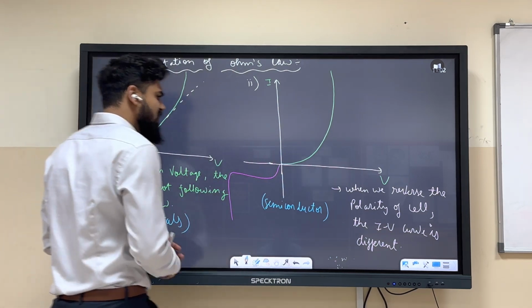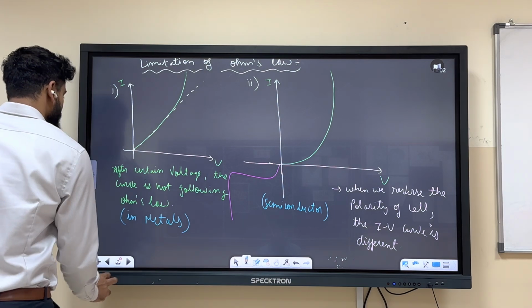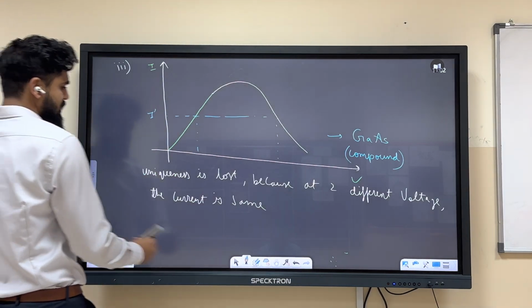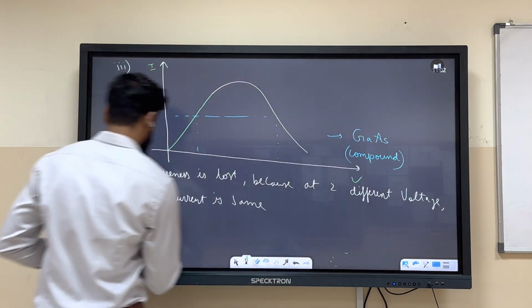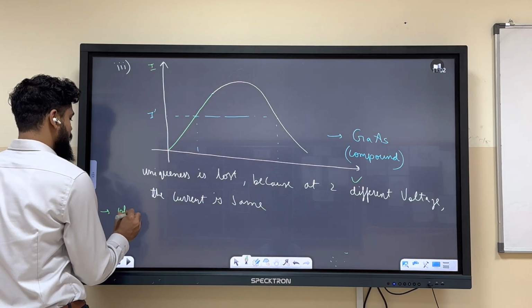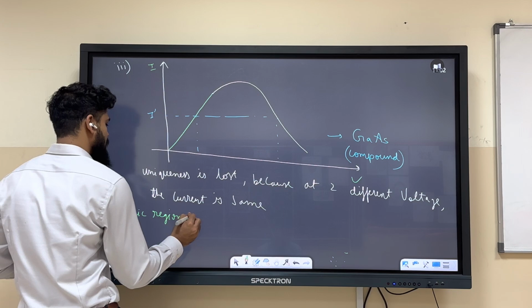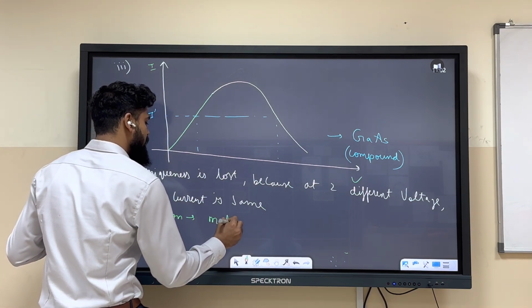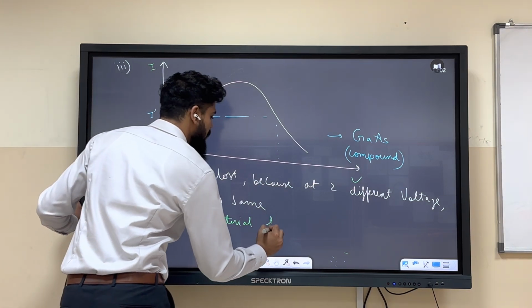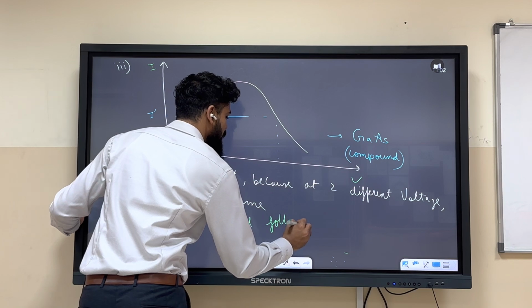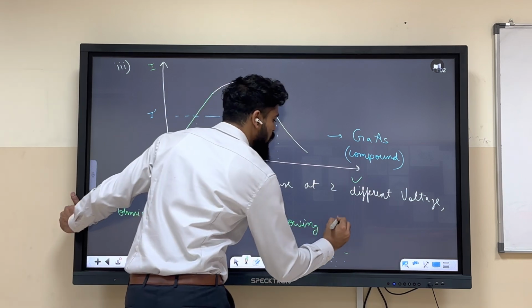Something you should write. Anyways, if you are not writing it, you will understand. Ohmic region: material following Ohm's law.